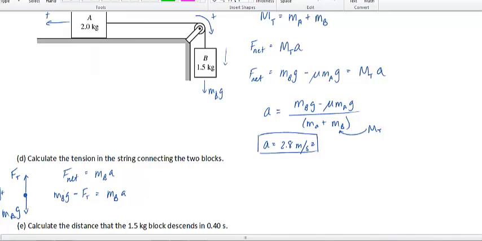Plugging in my known values and solving for tension, I get tension equals mass B, which is 1.5, times 9.8 minus mass B times the acceleration, which is 2.8. Now remember, that's down, but down is in my positive direction.